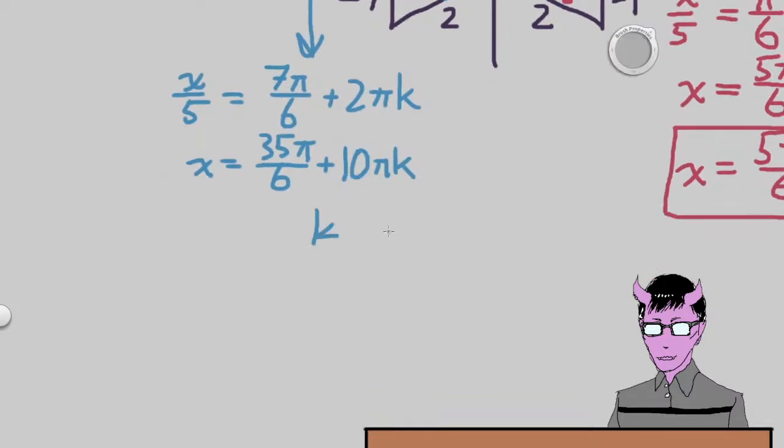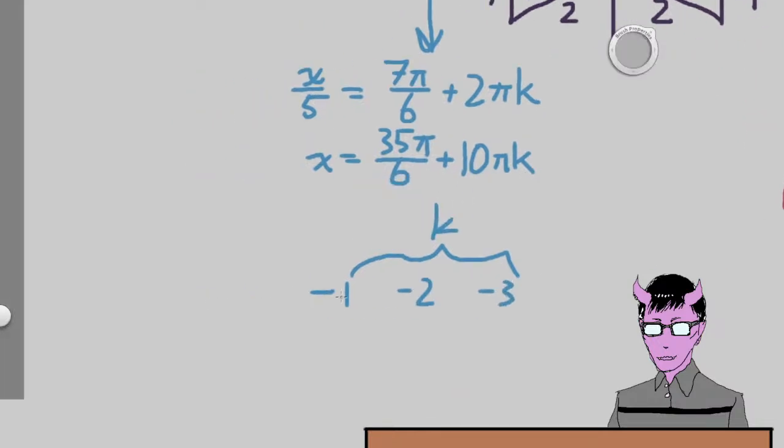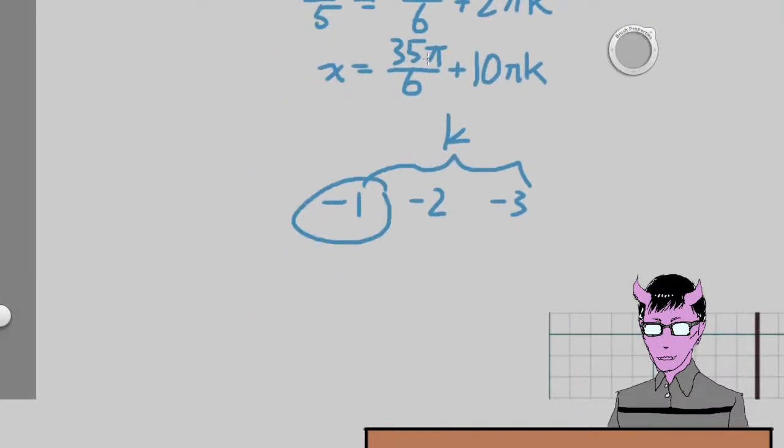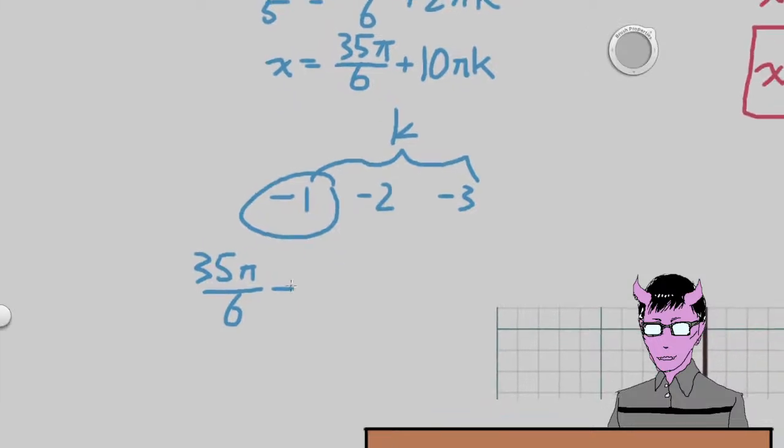So if the k value is negative 1, negative 2 is probably too much, and then negative 3 is probably too much. Let's consider k value as negative 1 first. If the k value integer is negative 1, then we are applying one of those in a clockwise fashion. So it's going to be minus 10 pi. So start off with the base angle, 35 pi over 6, and then we shall do one full rotation.